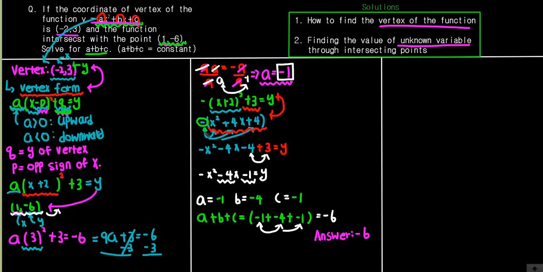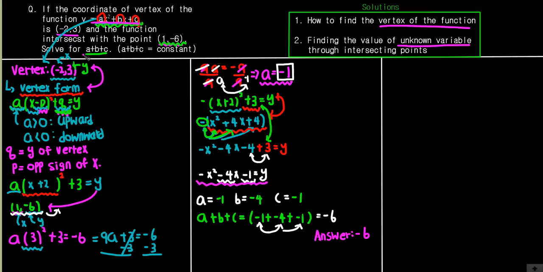So we use the distributive property in order to distribute the negative sign. And then we still had the leftover, which is a positive 3. We also need to calculate it. And our last total answer was negative x squared minus 4x minus 1 is equal to y.